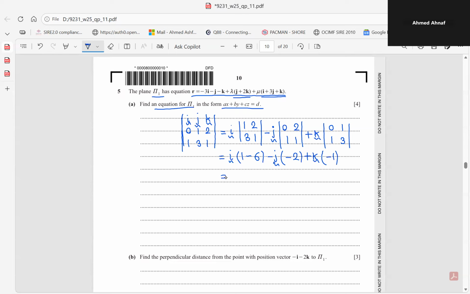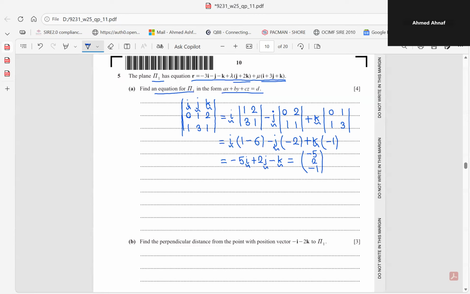So you get minus 5I plus 2J minus K. Or in column vector form, you'll just be minus 5, 2, minus 1. Okay, all right.